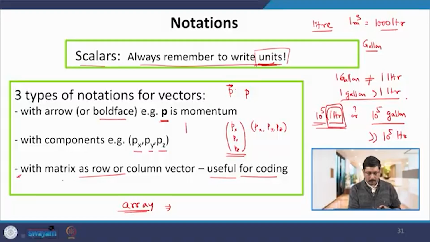Those kinds of quantities can be useful to describe, for example, a medical record of a patient and so on and so forth. In those cases, thinking of the vector as an array of numbers, or a column of numbers or a row of numbers, is very useful.